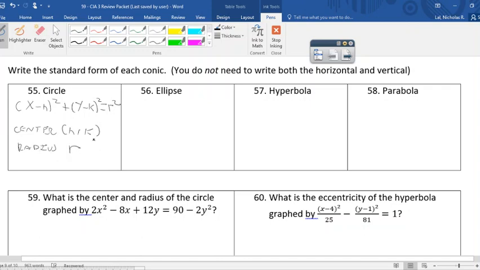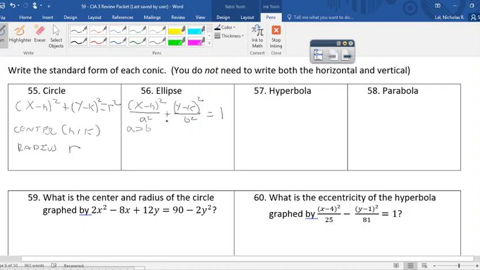All right, with the ellipse, you're going to have (x minus h) squared over a squared plus (y minus k) squared over b squared is equal to 1. And remember, a is always bigger than b.